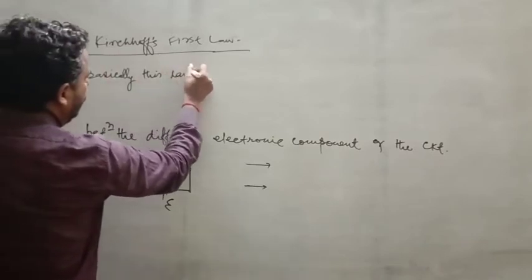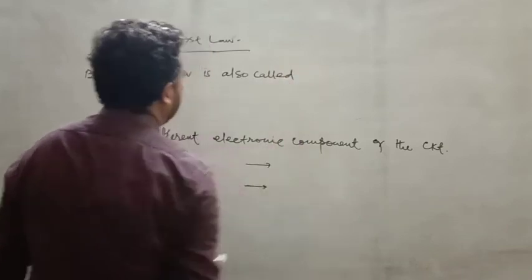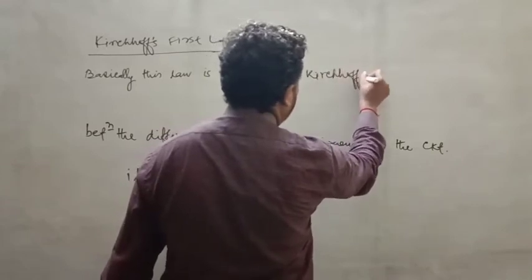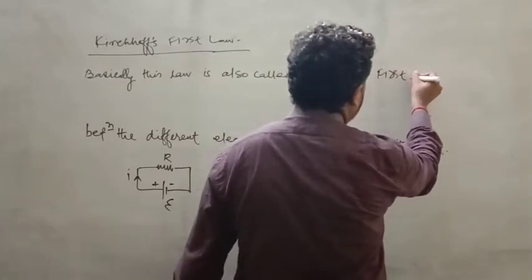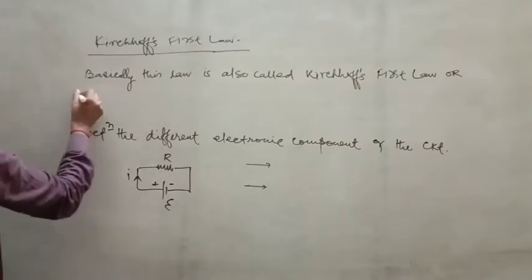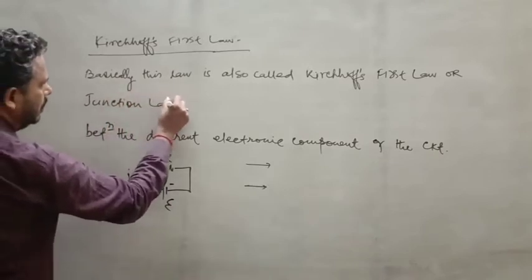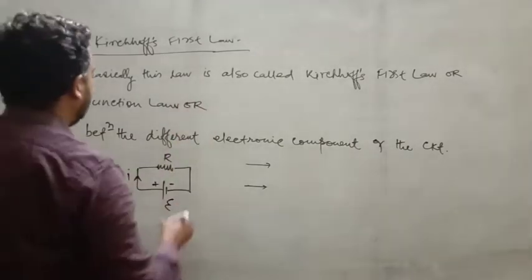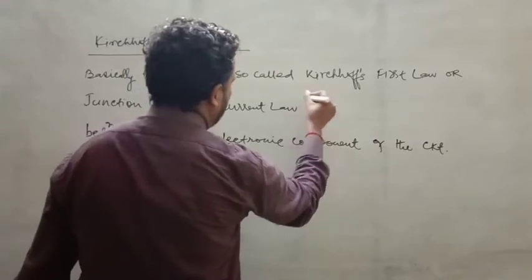This law is also called Kirchhoff's first law, or junction law, or current law, or node law.